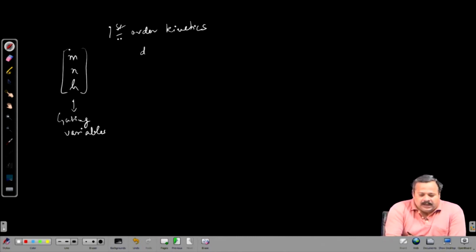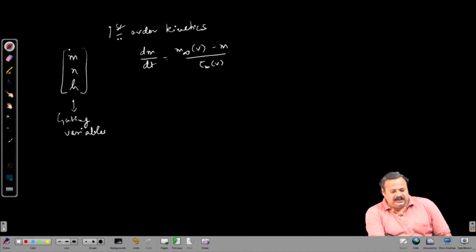So, what we have is essentially first order kinetics: dm/dt is equal to (m infinity(V) minus m) by tau m(V). There are a few terms here that need explanation.